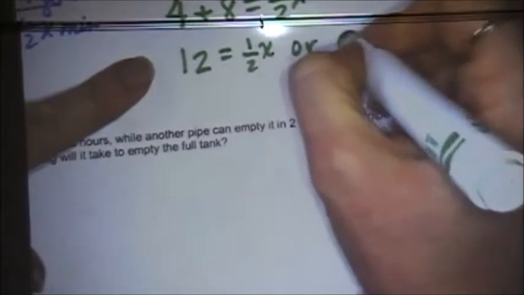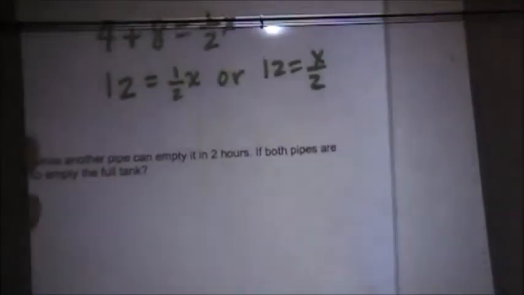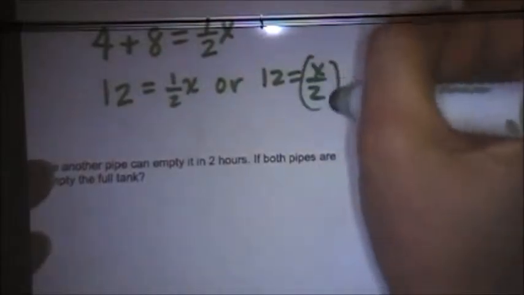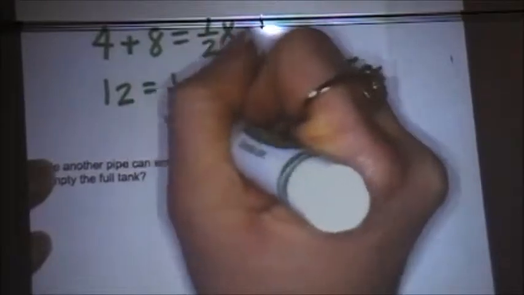So I can simplify this. That's going to be 12 equals 1/2 x, or you could write that as 12 equals x over 2, which sometimes makes these easier to solve, because in order to solve this, I'm going to multiply both sides by 2. And I get x equals 24.